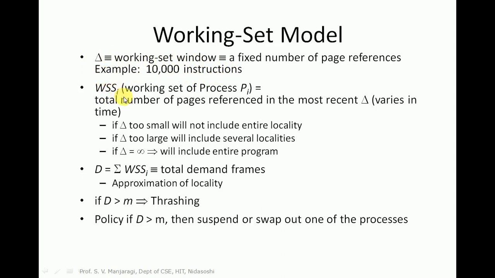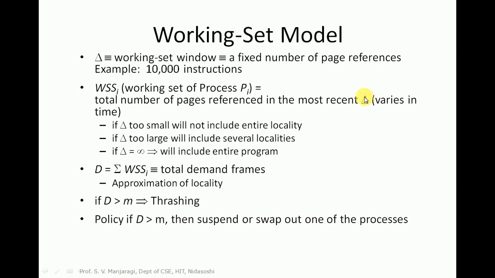And after that we take WSSi. It indicates the working set of process Pi. The working set of process Pi is indicated as WSSi. That is the total number of pages referenced in the most recent delta. Delta is a fixed number of page references we have chosen, called the working set window.